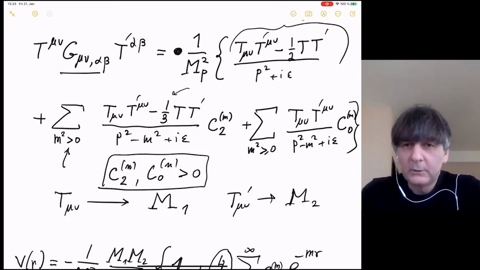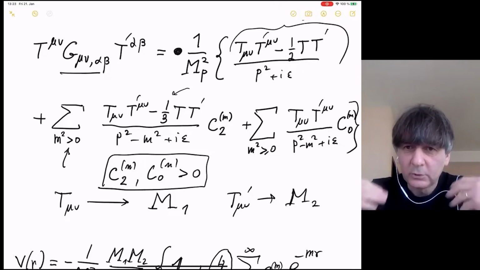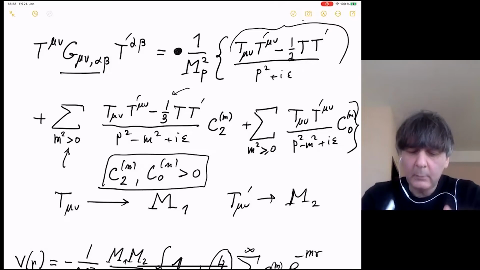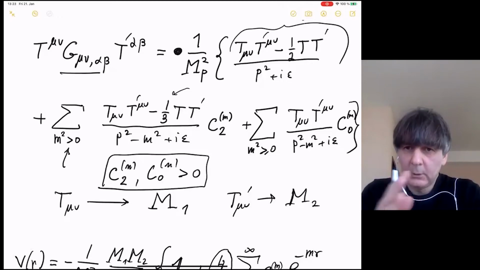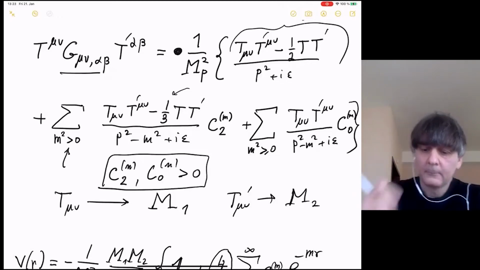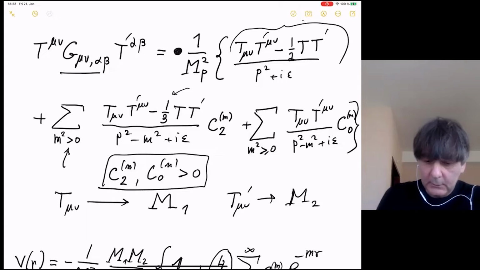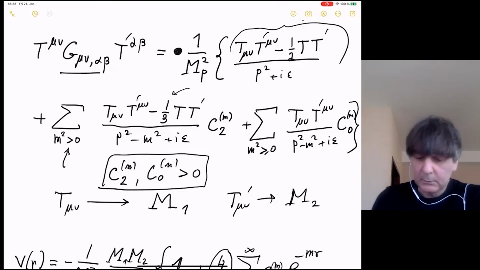But quantum field theory cannot afford this, okay? So therefore, consistency of quantum field theory unambiguously tells us that gravity is attractive. At short distances, it becomes more attractive, okay? We cannot make gravity less attractive.